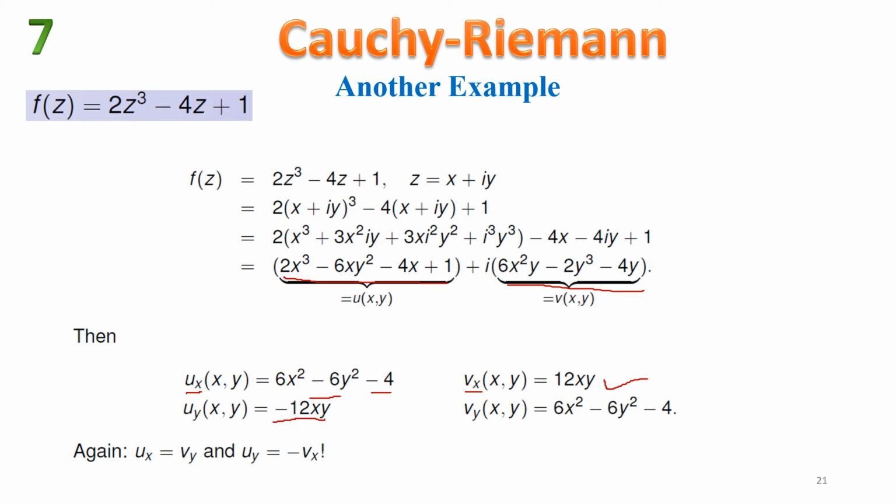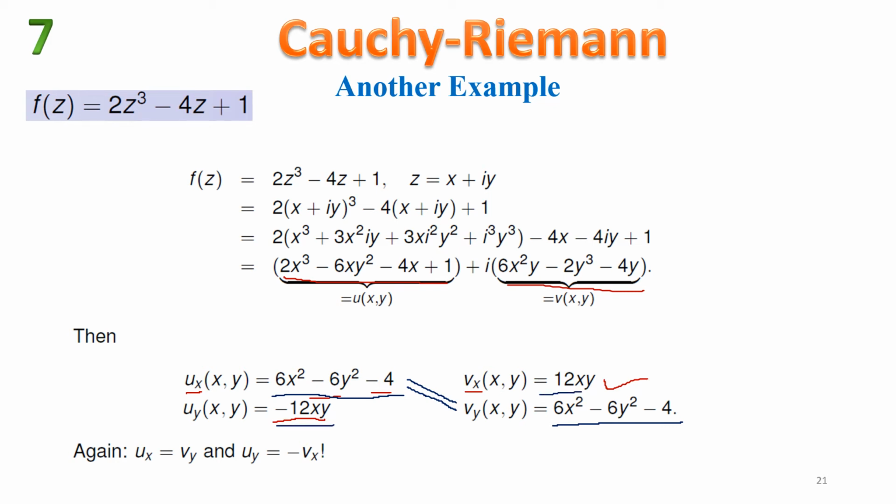Now look at this equation. You will be able to realize that this term 6x squared minus 6y squared minus 4 is equal to 6x squared minus 6y squared minus 4. So ux is equal to vy, and this is minus 12xy and this is plus 12xy.